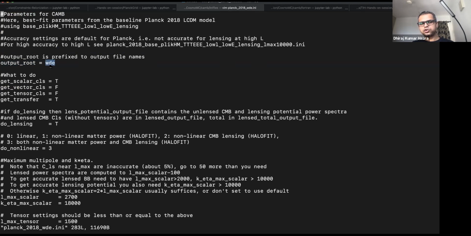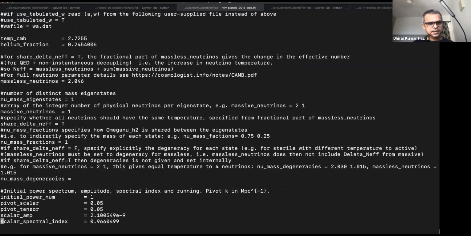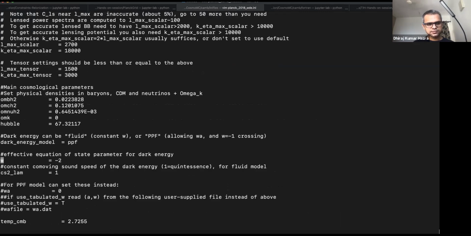You don't have to do Vim or VI or anything else. You can simply open it with anything and then Control S and do the GUI and anything will work. And then just come down here. Dark energy.